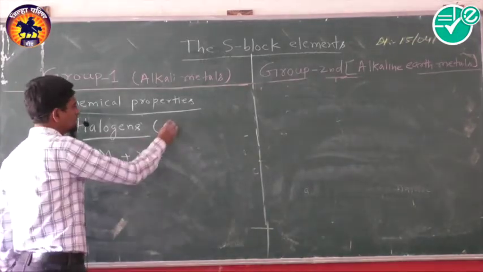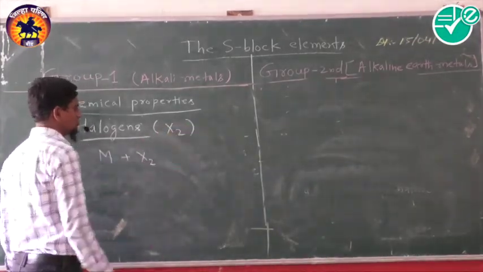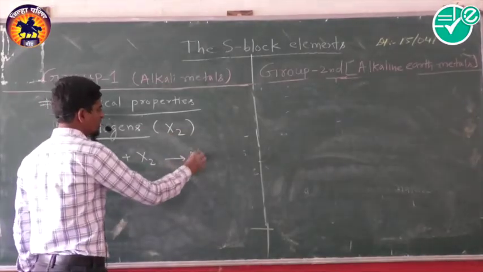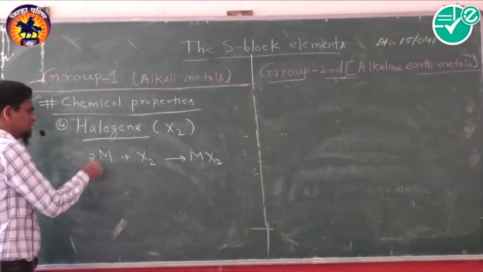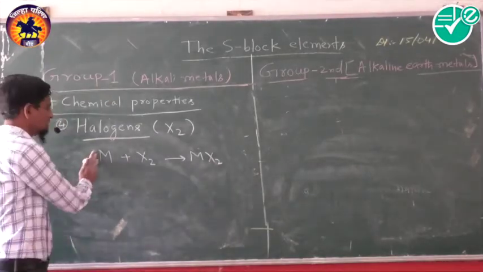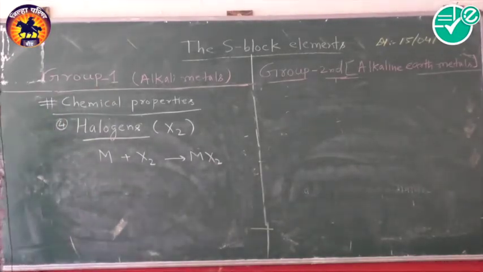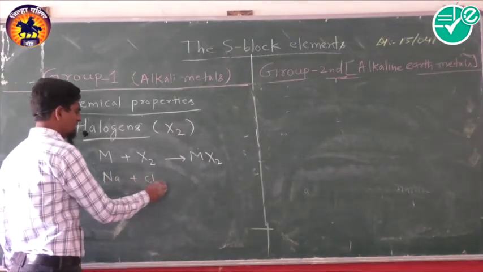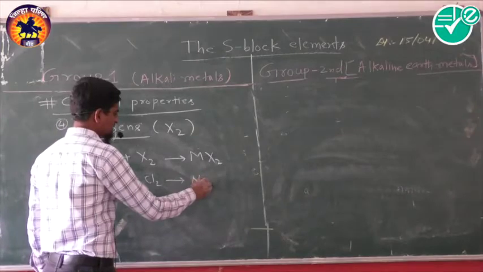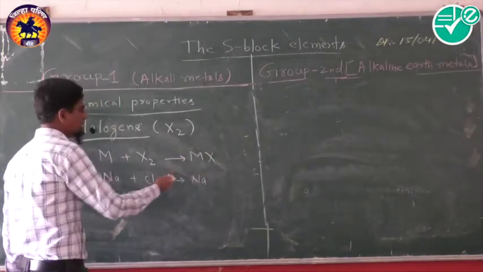You show halogen with the help of X2. What happens, sir? It will form MX. Sorry, it's not alkaline, MX only. If you take an example, I will take NaCl.